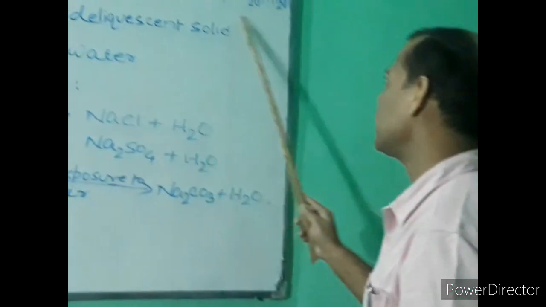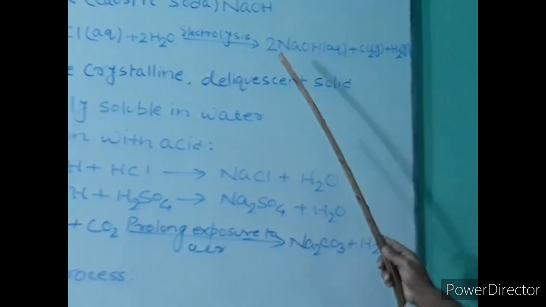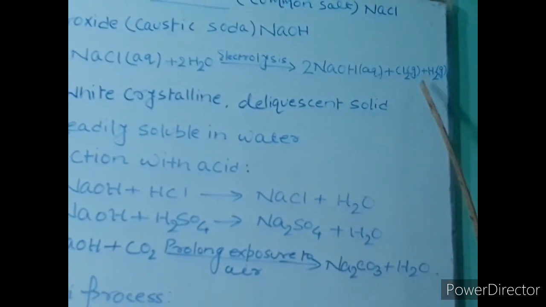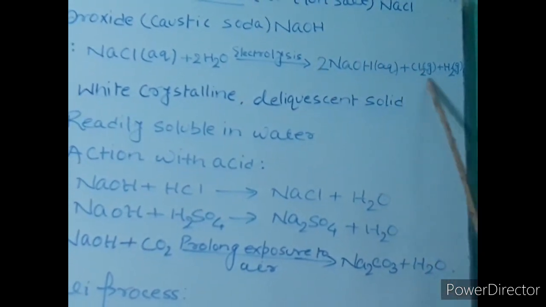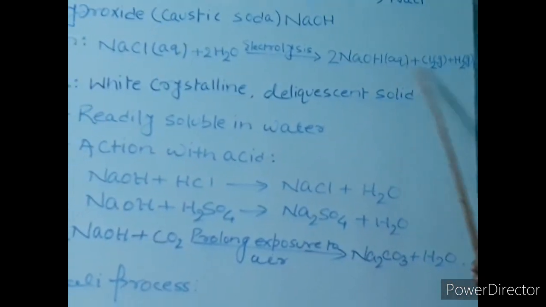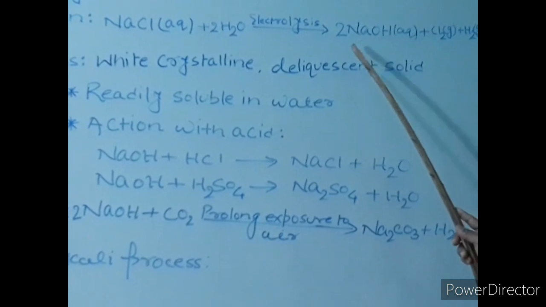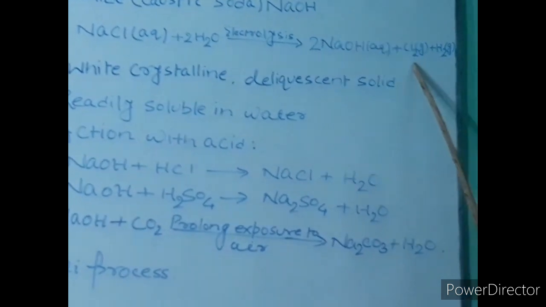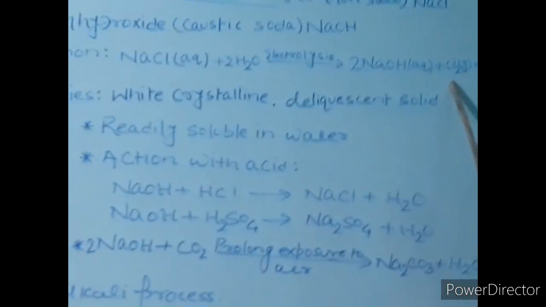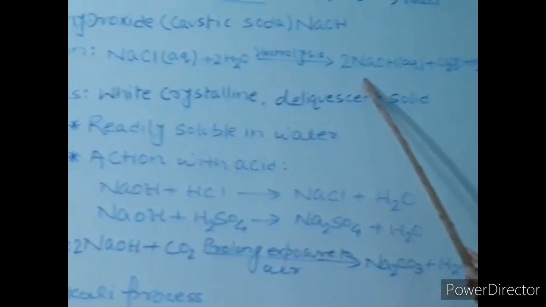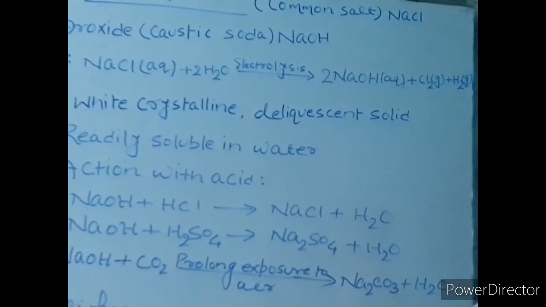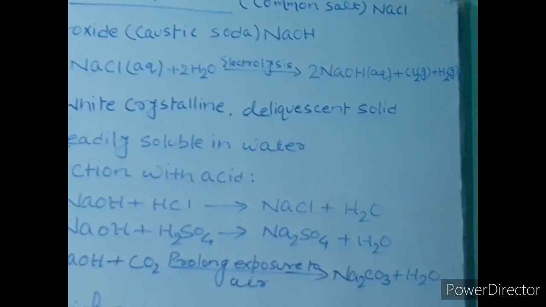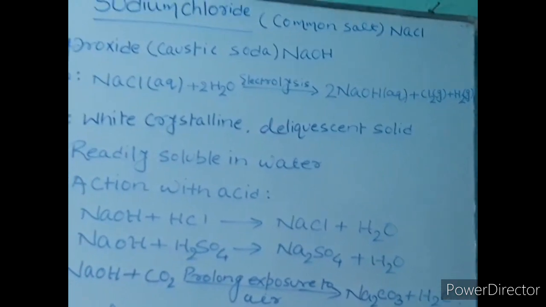So here chlorine and hydrogen are also formed along with the sodium hydroxide. That's why this process is called the chlor-alkali process. Alkali as well as chlorine is prepared.